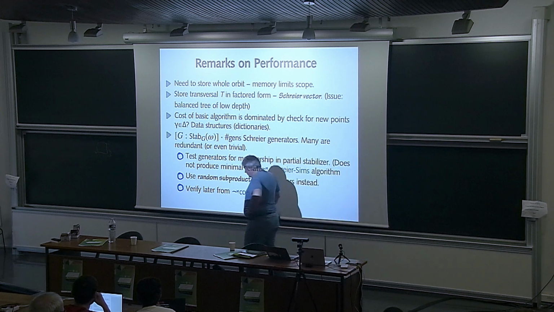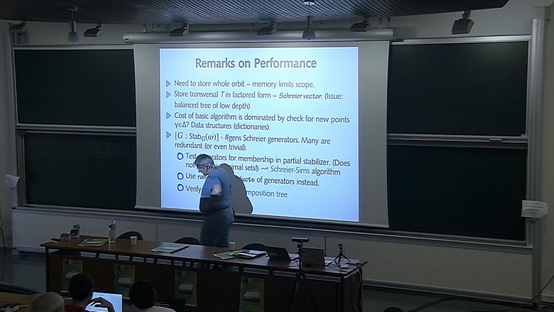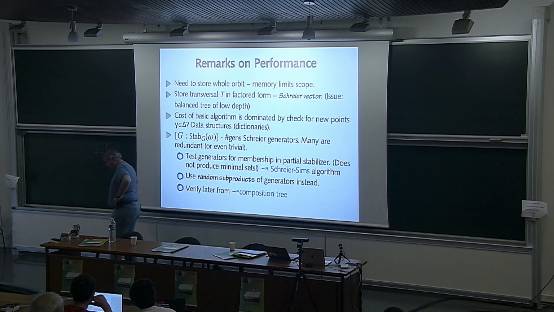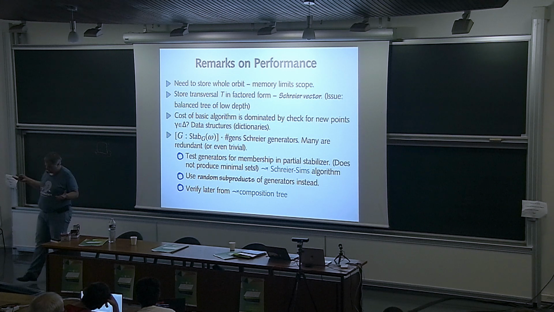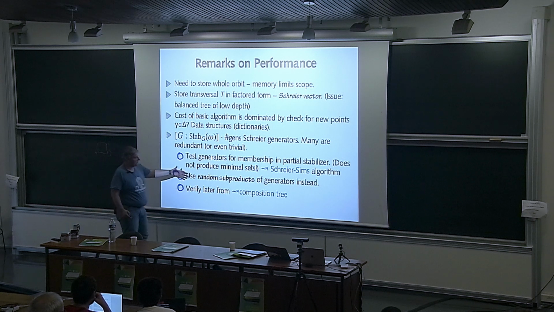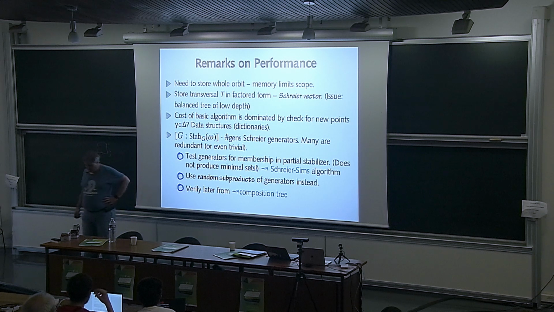Instead of using all the Schreier generators, one might just want to take a random subset of them, or, what turns out to work even better, take some of them and multiply them, basically taking random products of a particular form, called random subproducts, and use them instead.